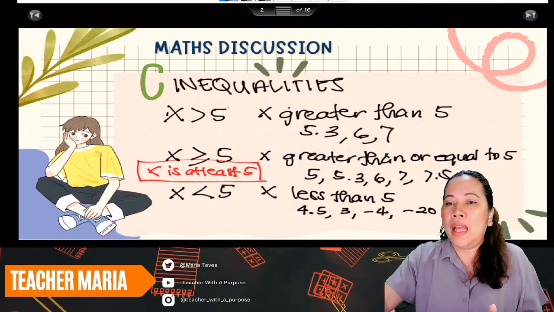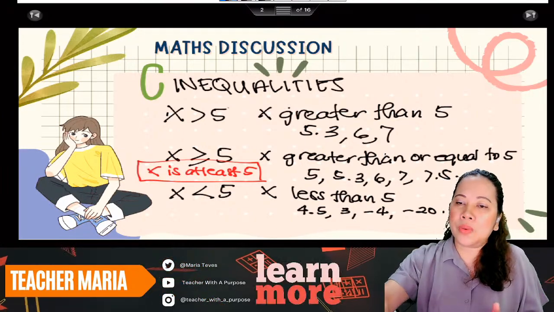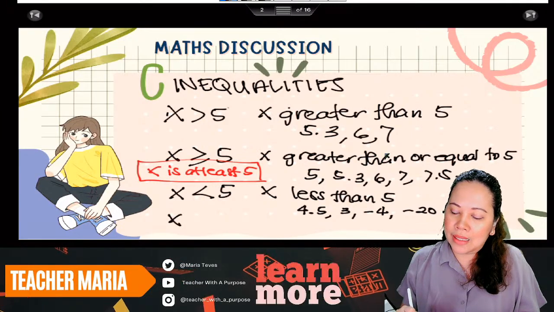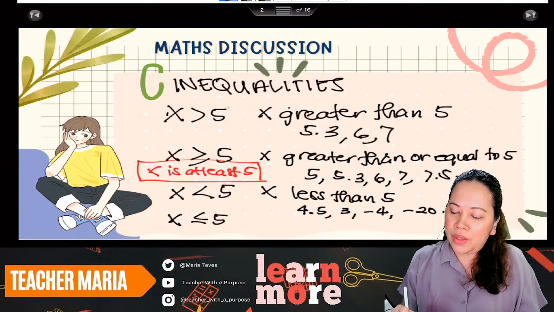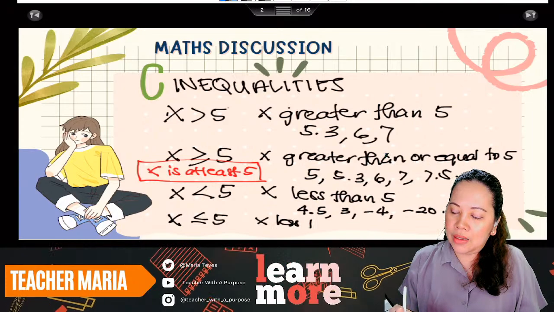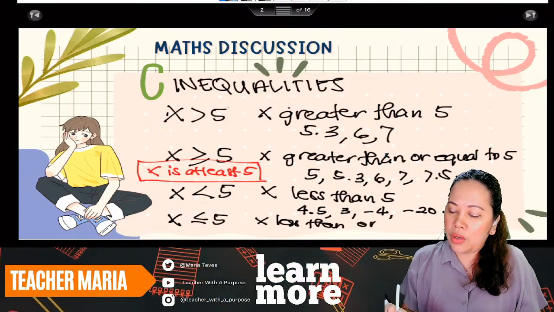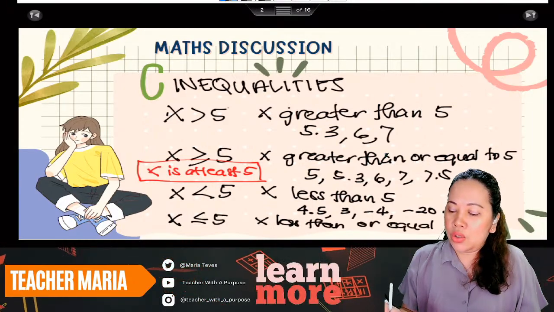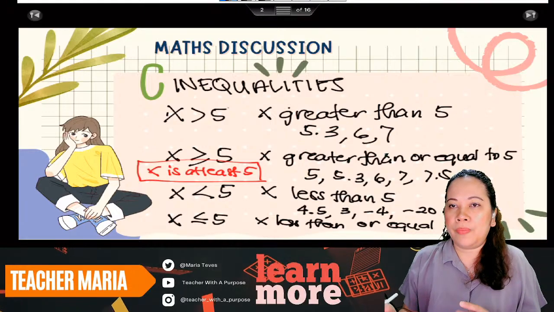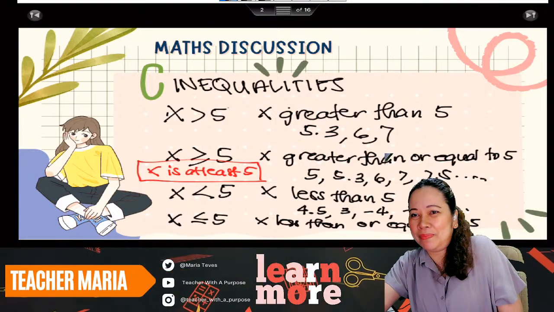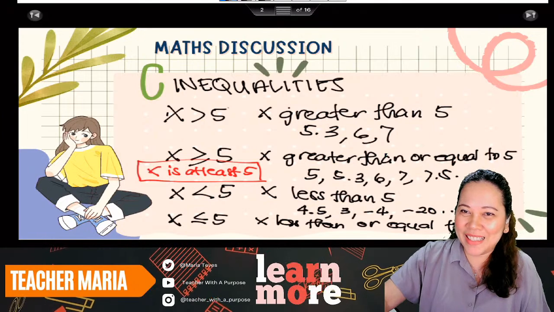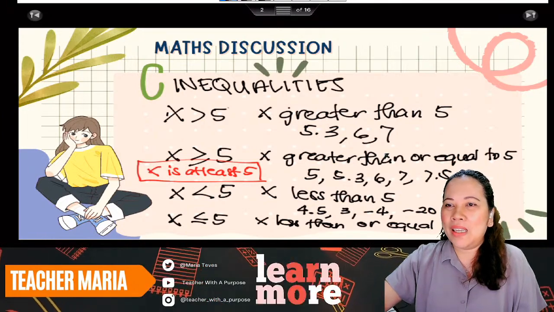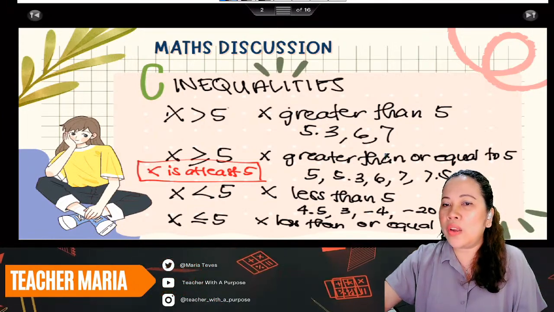And of course, the last one that we have will be x less than or equal to 5. I hope you can still see it. So x less than or equal to 5.